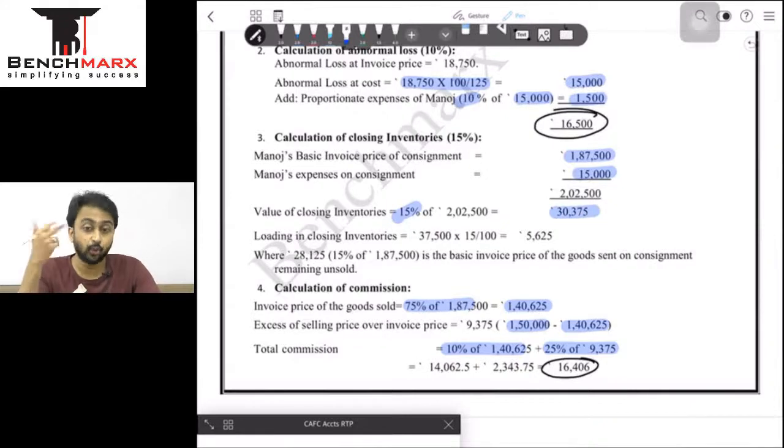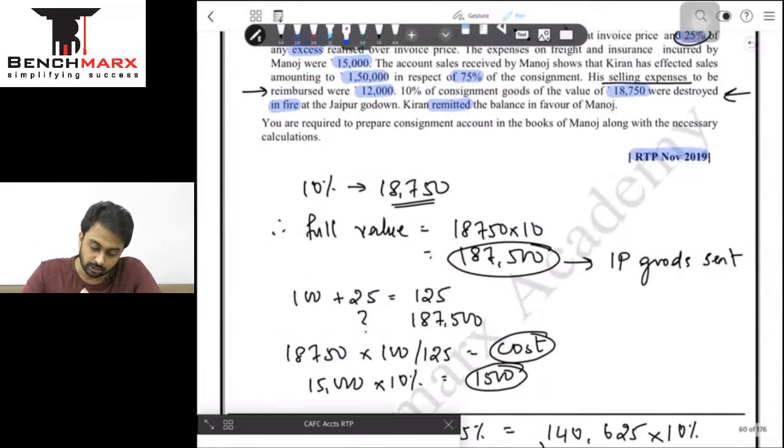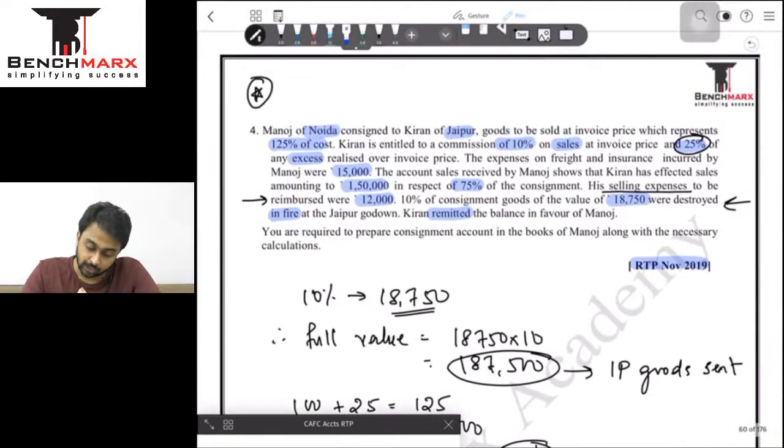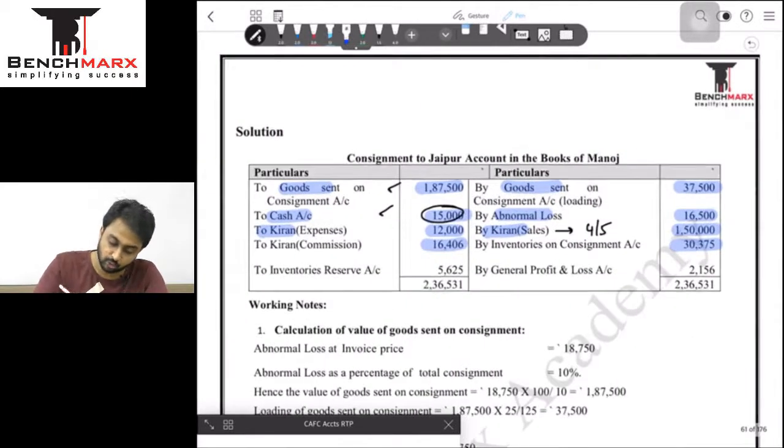From this we have to remove the loading content, but loading is only on the goods which are sent, and the loading percentage is 25% of cost or 1/5 of the IP. So 15% of 187,500, this is the IP of the goods left, and into 1/5, dividing by 5, 5,625 is the stock reserve on my closing stock.